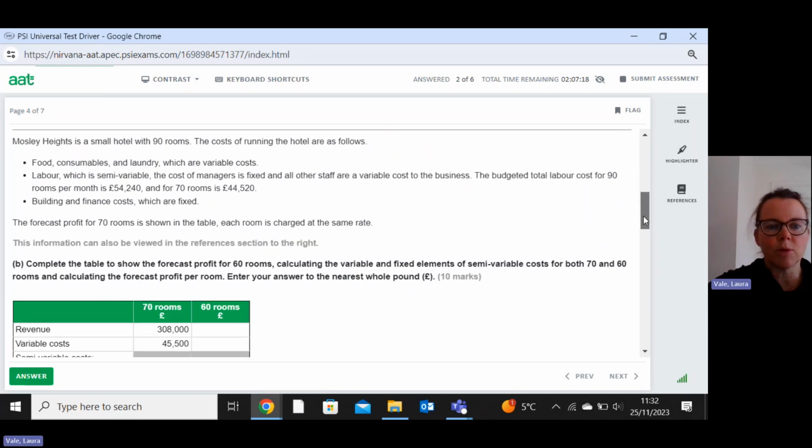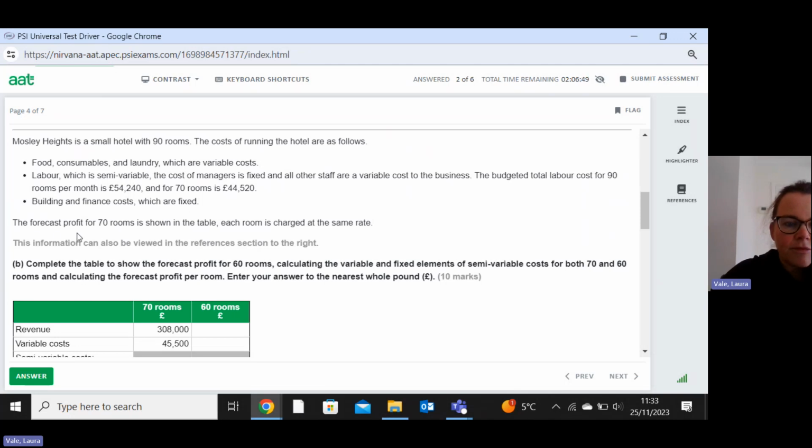Mossley Heights is a small hotel with 90 rooms. The costs of running the hotel are as follows. Food, consumables and laundry, which are variable costs. Labour, which is semi-variable. And we've got some data here, and I'm immediately thinking I must have to use the high-low here. Building and finance costs, which are fixed.